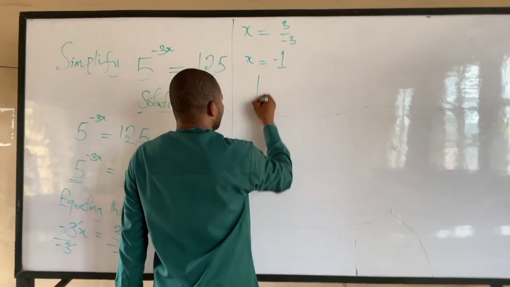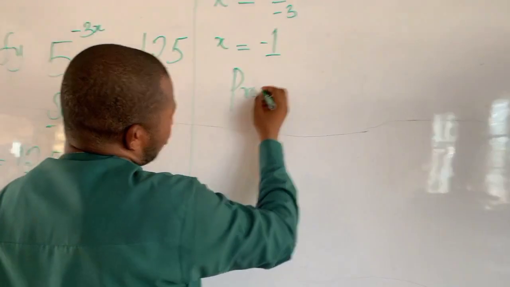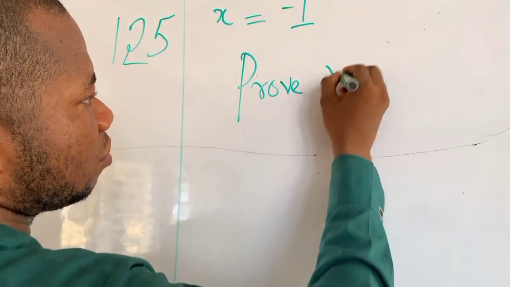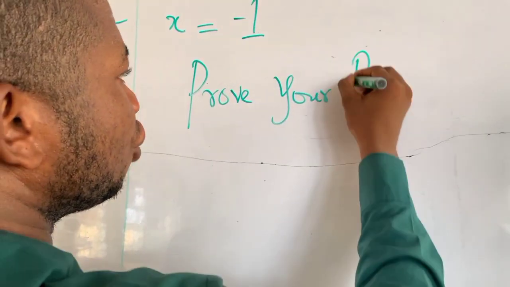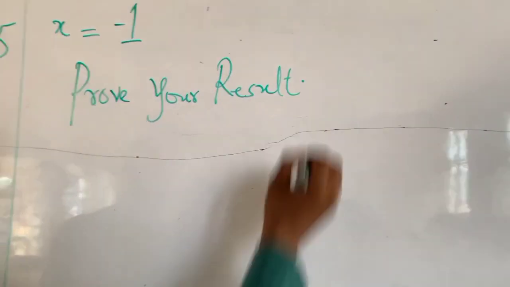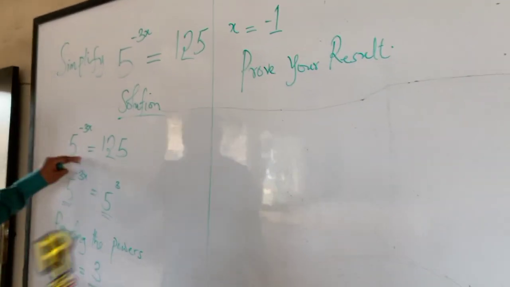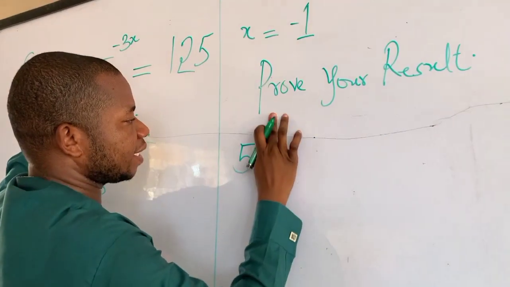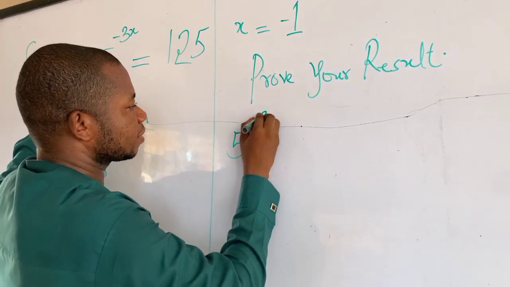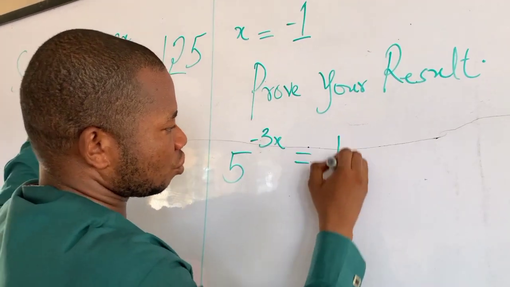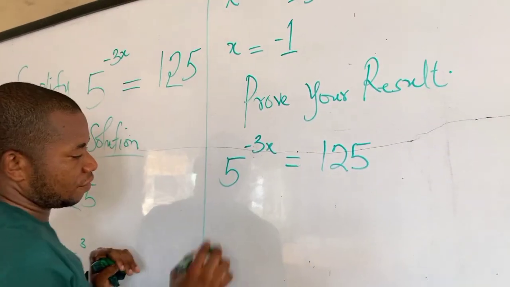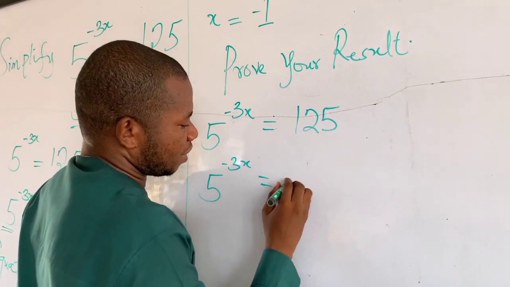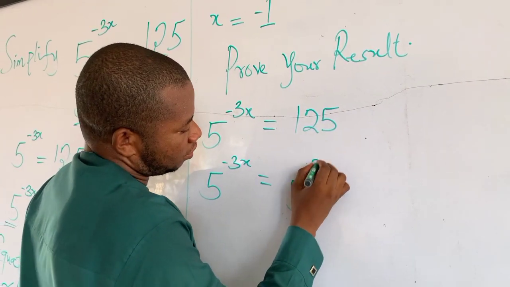Now we can still prove our answer. We want to prove whether the answer is actually correct. Prove your result. That is to say, we want to check if the answer is correct. Now, this is the equation. We say 5 raised to the power -3x is equal to 125, meaning that we have 5 raised to the power -3x equals 125, which gives us 5 raised to the power 3.